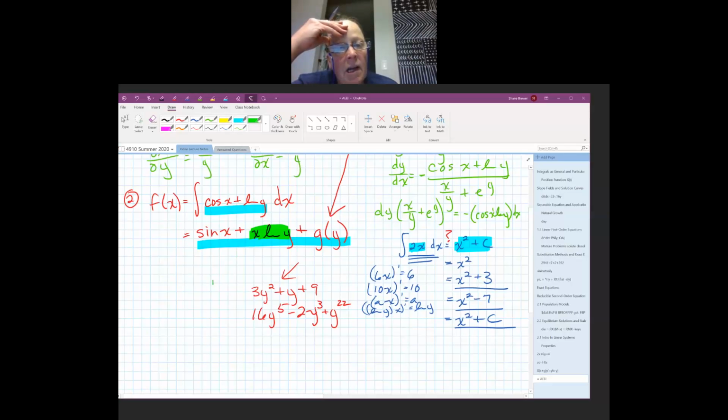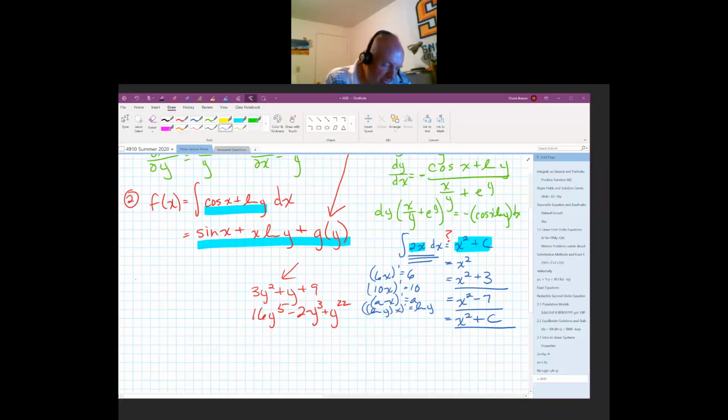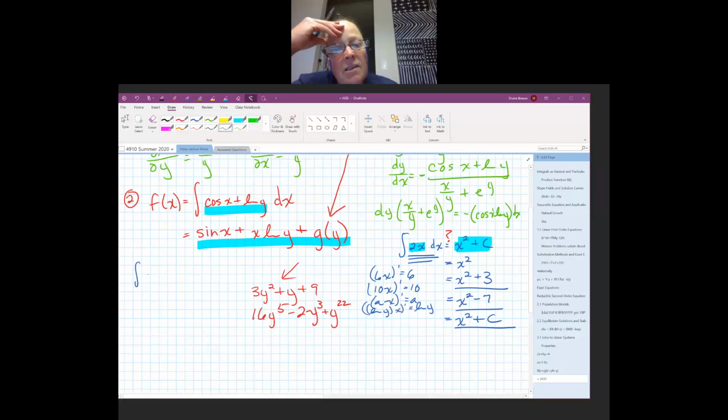So the ln of y is a constant. So it's x times the natural log of y. Let's change it one little bit. I think what I'm not understanding is when you differentiate or integrate with respect to the other variable.